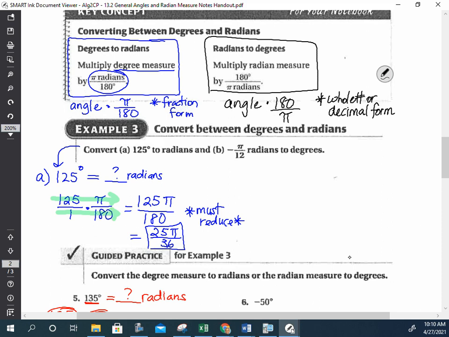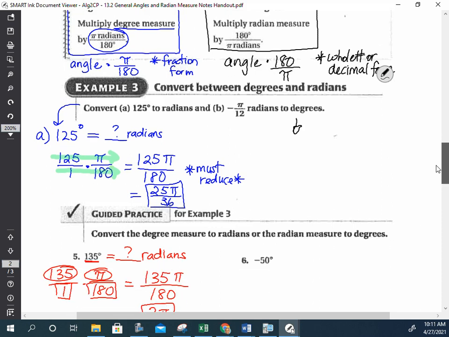So let's do two examples of going from radians to degrees. Part B. You have negative pi over 12 radians, and you want to know how much this is in degrees.